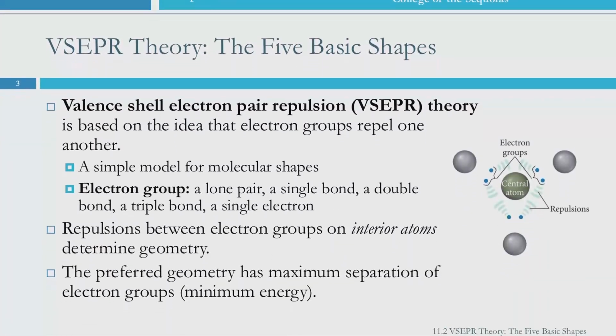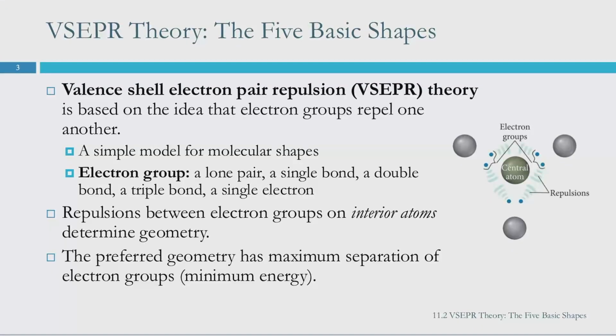Okay, so valence shell electron pair repulsion theory. If you've taken chemistry before, you have hopefully learned about valence shell electron pair, or VSEPR theory. Some people call it VSEPR theory, and I think they're wrong to do that. So that's my personal take. So valence shell electron pair repulsion theory.